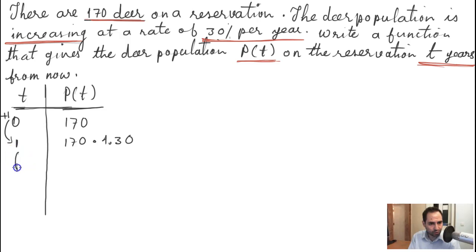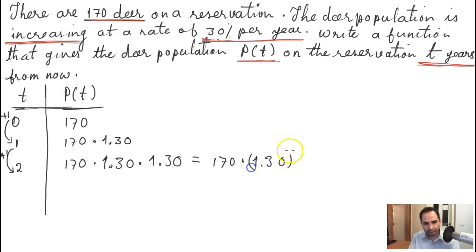After 2 years, when t is equal to 2, you have the previous population, which was 170 times 1.30, and again you multiply this by the same common ratio, which is 1.30, and you can see that this can be written as 170 times 1.30 raised to the second power.